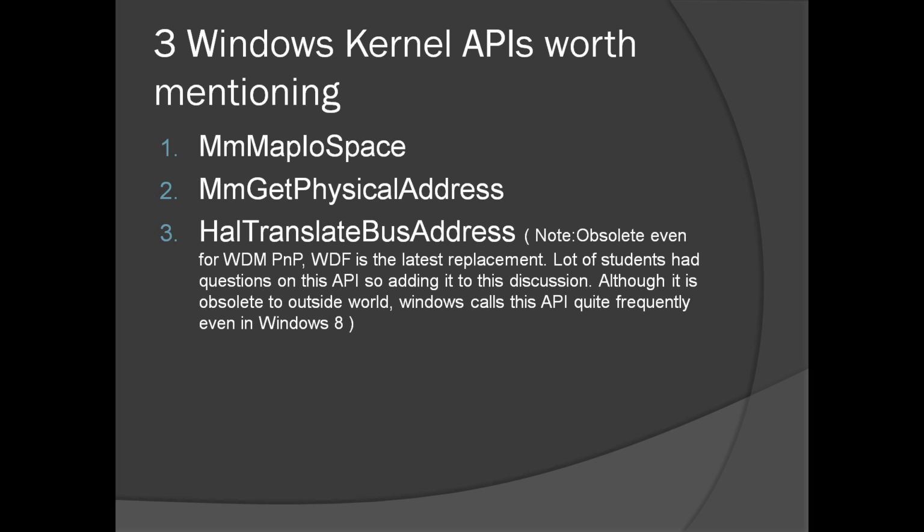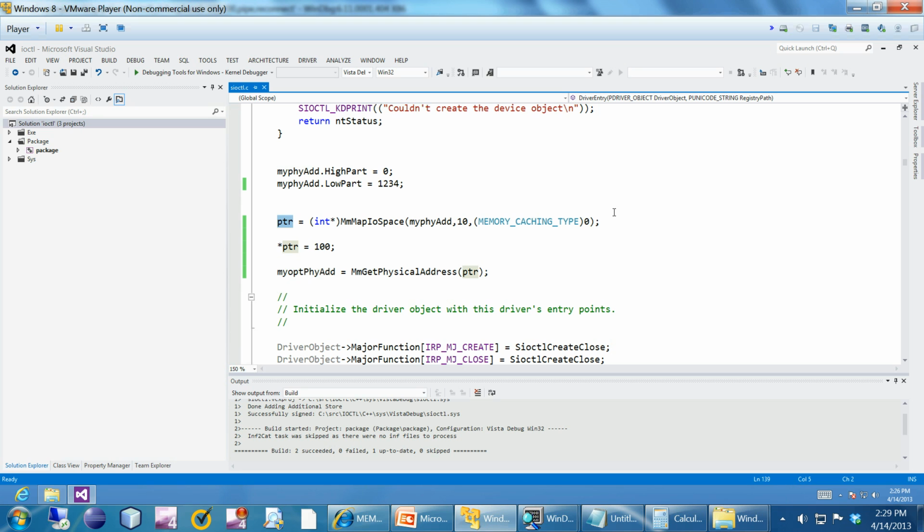So we'll see the first two APIs in action. I'm going to get a valid virtual address from MmMapIoSpace, which is supposed to point to this particular physical address, and I'm going to assign 100 into that address. So I'm going to successfully dereference that particular pointer, and I'm going to access that memory.